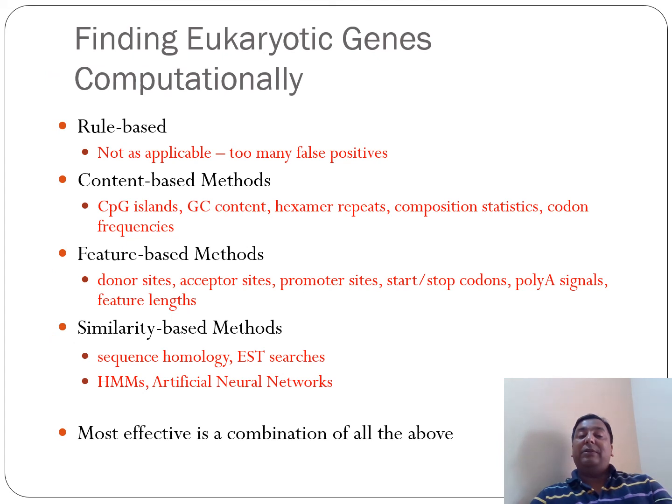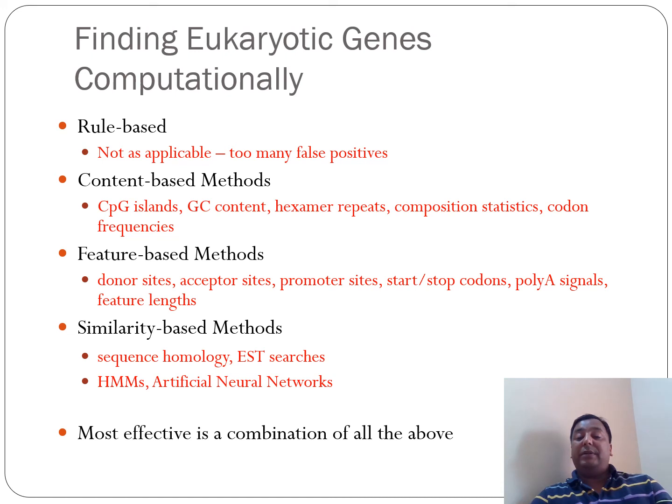So for finding eukaryotic genes computationally, the similar rule-based approaches which are used for the prokaryotes, we will be using for eukaryotes also, right? But there are some content-based methods which we need to take care of in eukaryote genomes, in terms of the CpG islands, where C and G contents are more in the sequences, which suppress the gene expressions or gene activities, right?